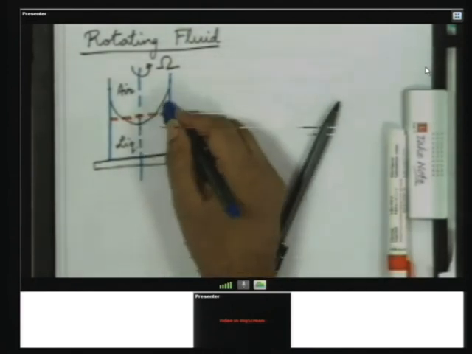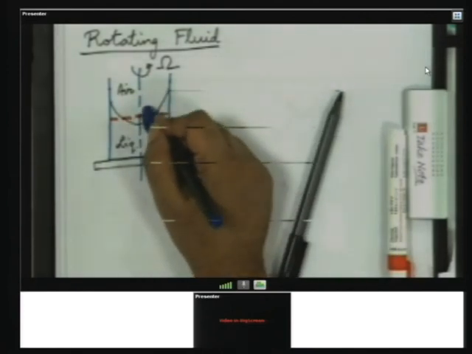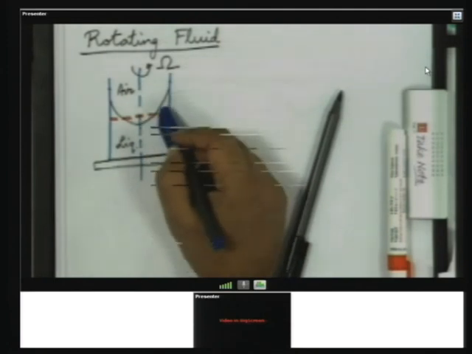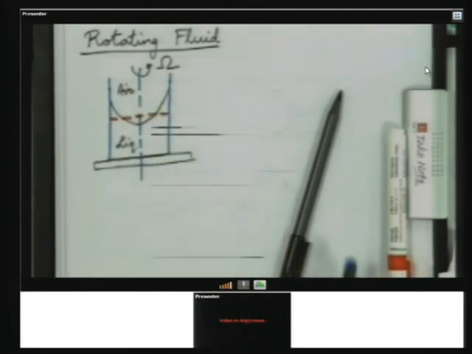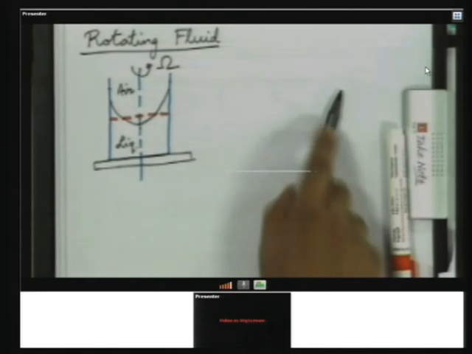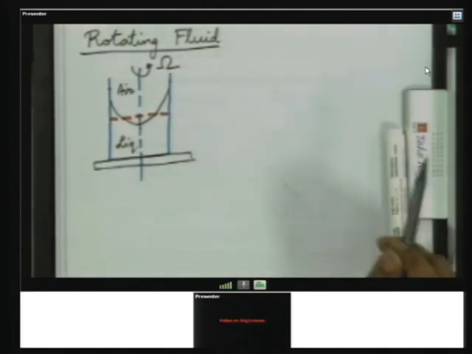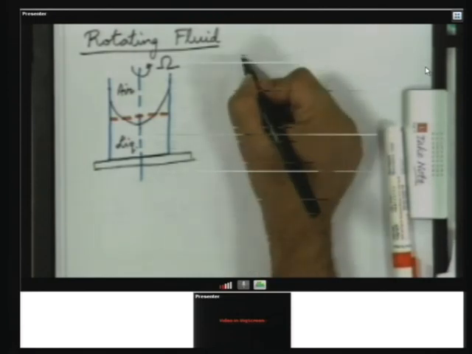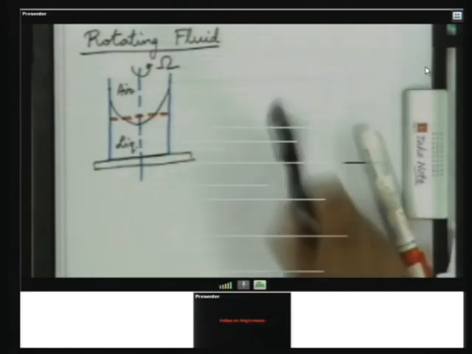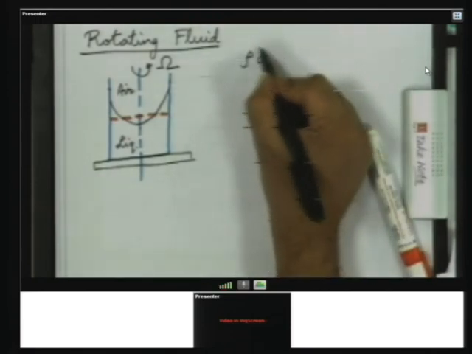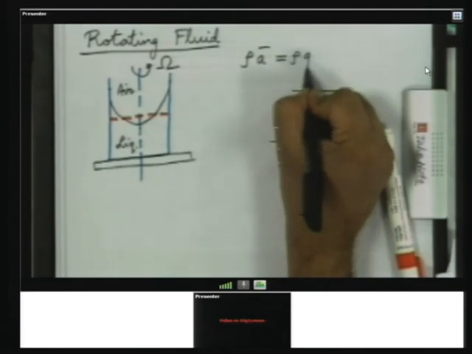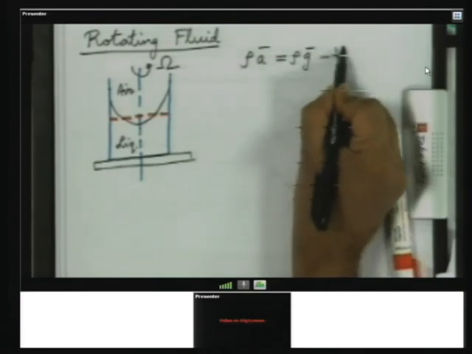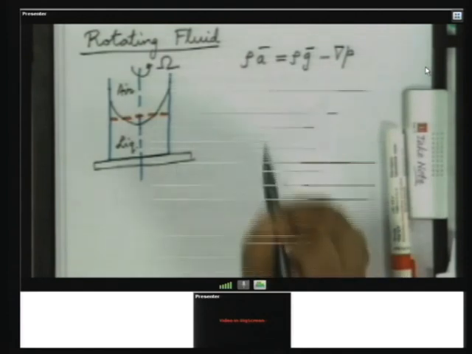In certain parts the fluid will go up, in other parts it will come down in such a way that the volume is conserved. Now, we will have to find out what is the acceleration of the fluid and then solve this equation. Rho times A is equal to rho times G minus grad of P.